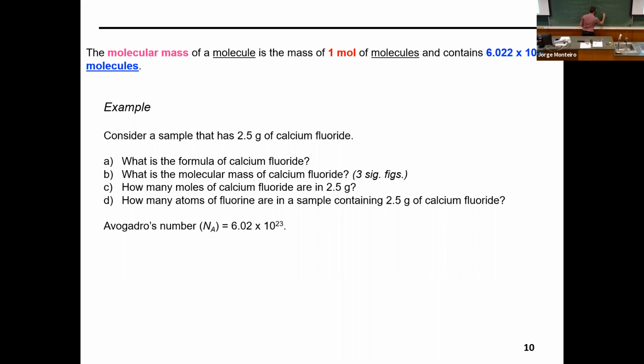Therefore, molecular mass for calcium fluoride is 19 times 2 plus 40.1, 78.1 grams per mole or grams mole to the minus 1.